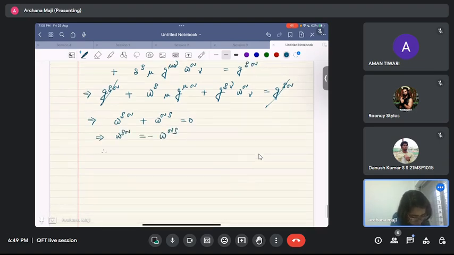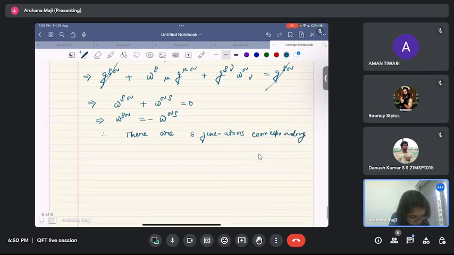So therefore the generator corresponding to this implies there are 6 generators corresponding to the Lorentz transformations.